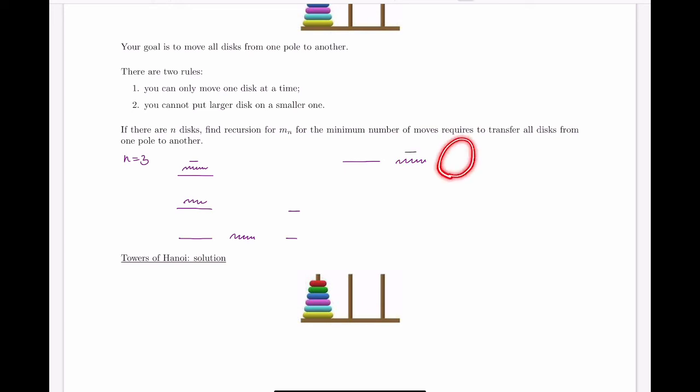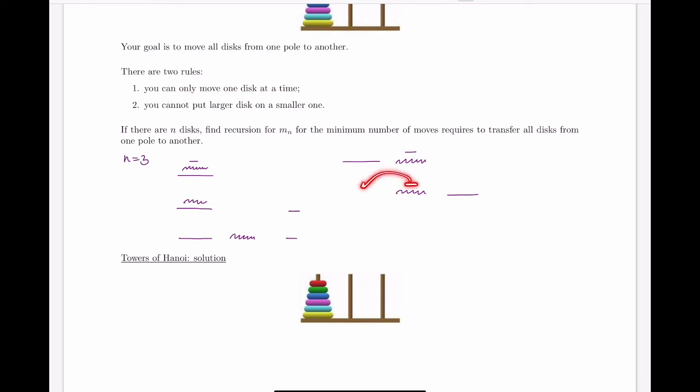And I have now freed up my third tower here, or pole here, right? So I can move my largest disk to that spot. And that is great news because now at least I have the right base in the right spot. My largest disk is now in its final resting spot. Now, it would be nice if I could move 2 disks at a time just onto the largest one, but I can't do that. 1 disk at a time only.